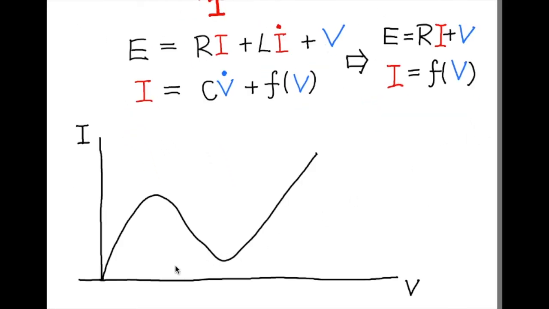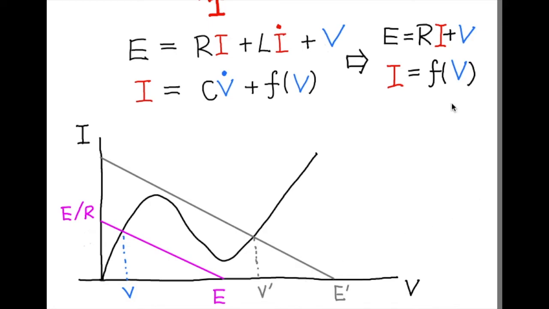We first draw the graph of I equals f(V), and then notice this is a straight line. The horizontal intercept is the battery voltage E. When E is small, these two equations have one intersection that gives us the voltage V. And if E is big, it gives us another intersection point, V prime.